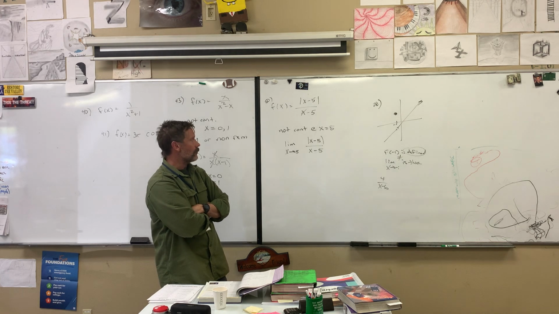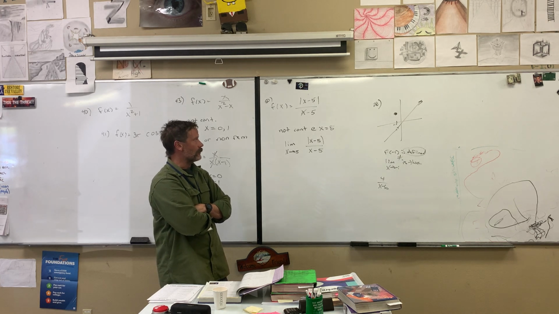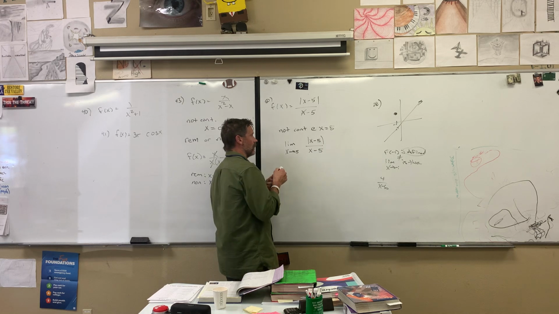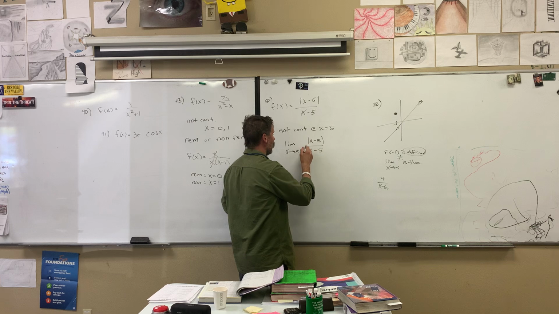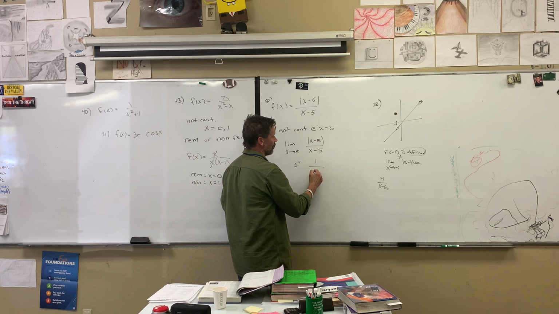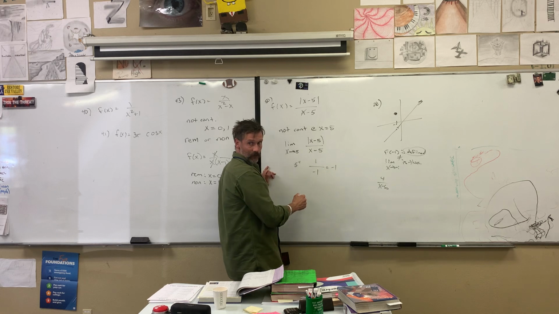So if you run the process of the numerical values real quick, without making our math too difficult, let's say you plug in 5 from the left-hand side. Let's say you plug in 4. You get positive 1 on top, negative 1 on the bottom, so you get negative 1.